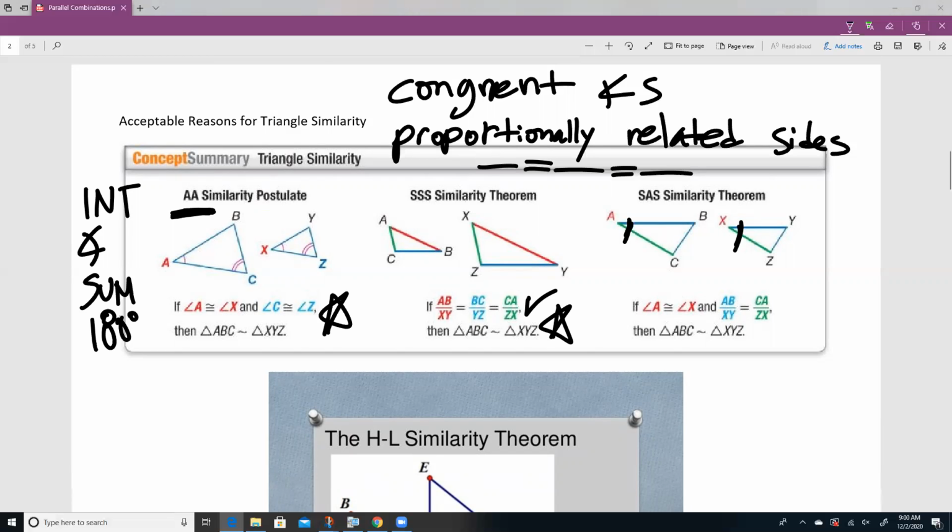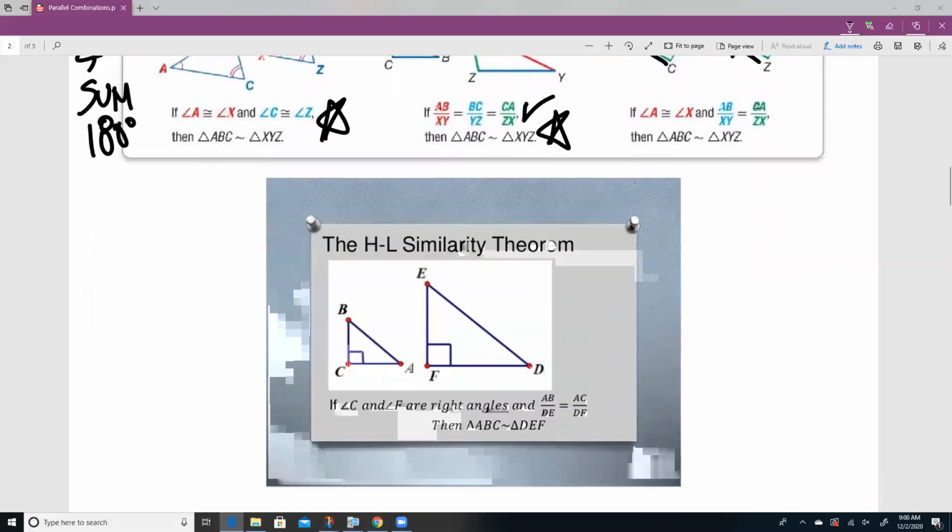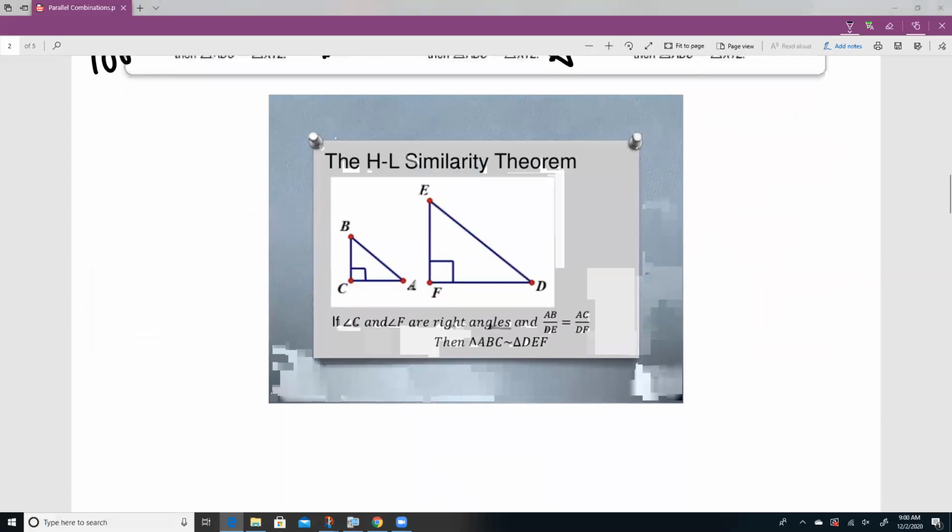And that angle is in between the two sides that we've marked proportional. So as long as you have your side, angle in between the sides, side, you can prove the triangles similar. The fourth and final way to prove triangles similar is using hypotenuse leg.